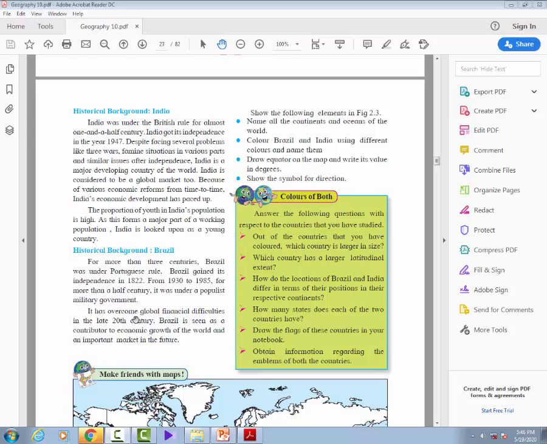It has overcome global financial difficulties in the late 20th century. Brazil is seen as a contributor to the economic growth of the world and an important market in the future.